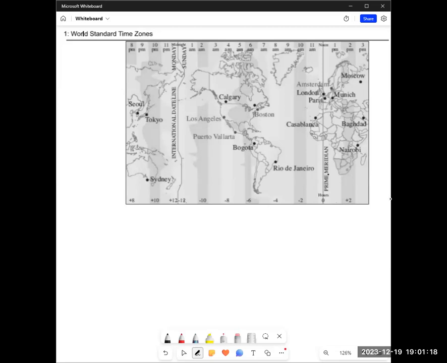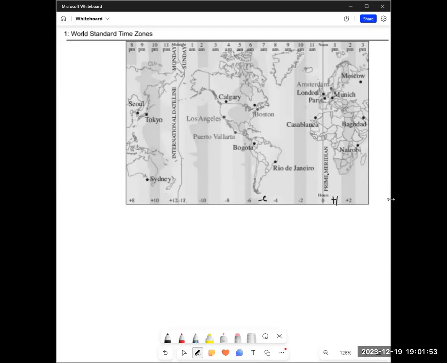All right, so let's find the difference in time between Amsterdam, which is right here. They tell us that that's in the time zone that's +1 right here, where it says 1 p.m. It's in this light shaded region that's +1. And then Boston, which is over here, which is in this region that is going to be -5, even though that's not written there.